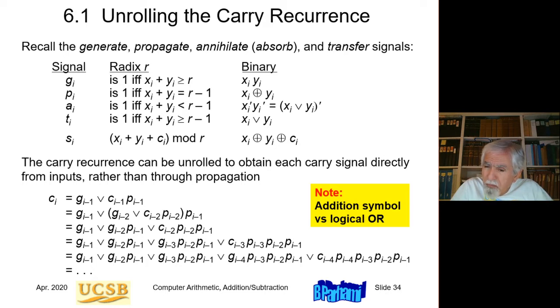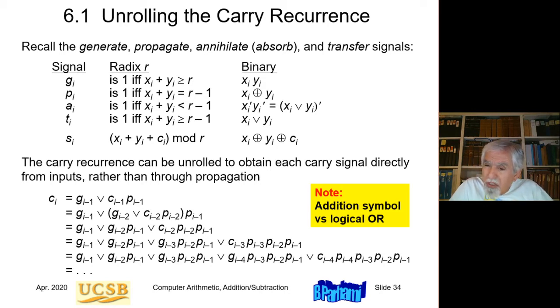i-1, or a carry is generated in position i-4 and propagated by the 3 positions i-3, i-2, i-1, or a carry enters position i-4 and is propagated by the 4 positions i-4, i-3, i-2, i-1.